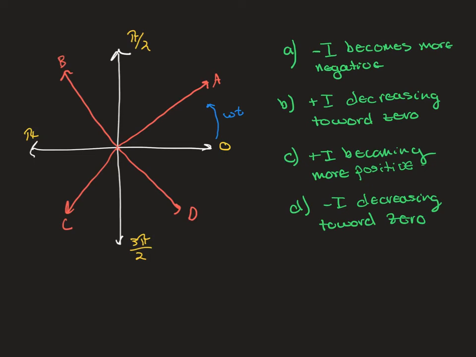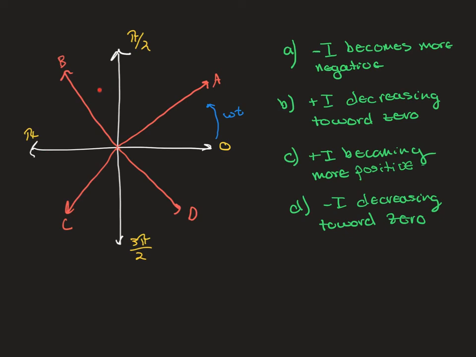So our goal is to match these descriptions over here to the phasor that it's describing. So A here is negative current. So this side of our coordinate system that ranges from pi over 2 to 3/2 pi is our negative side. So it's negative and it's becoming more negative. So we're coming here from cosine of 90, which is 0, down to pi, which is going to be -1.